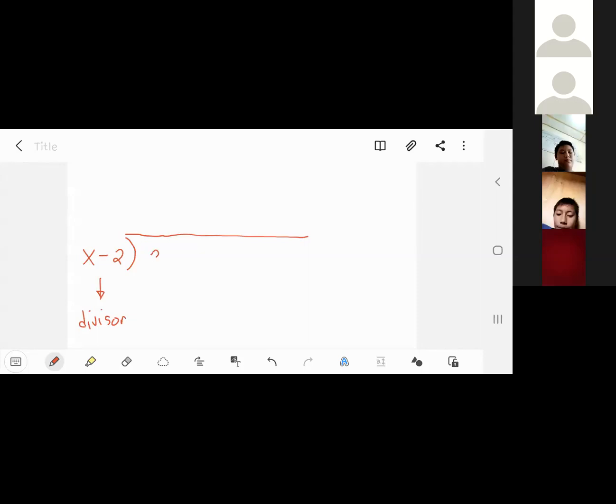This is 3x squared minus 14x minus 12, this is what we call the dividend. 3x squared minus 14x minus 12 divided by x minus 2.